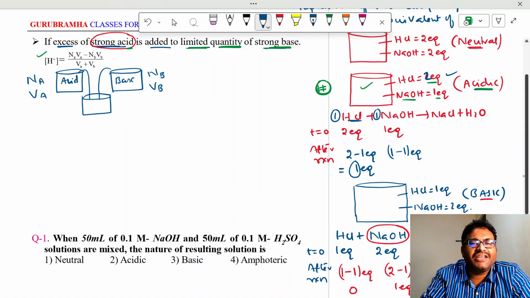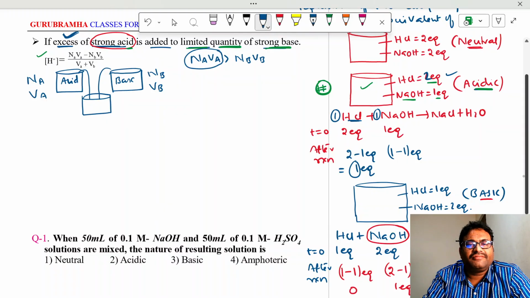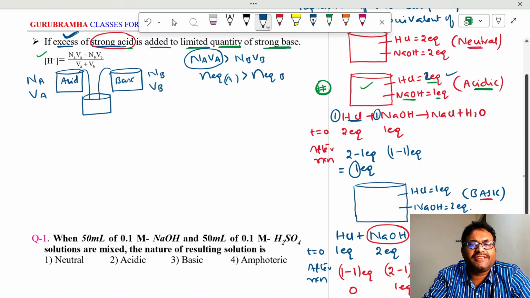Here the condition is NaVa is greater than NbVb. Excess of what? Strong acid. That means the number of equivalents of acid is greater than the number of equivalents of base.